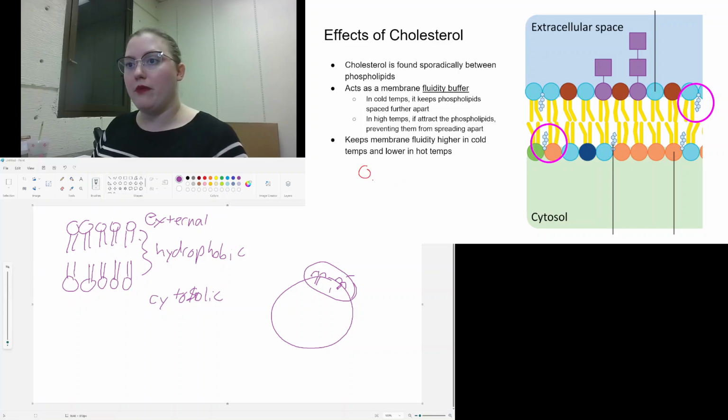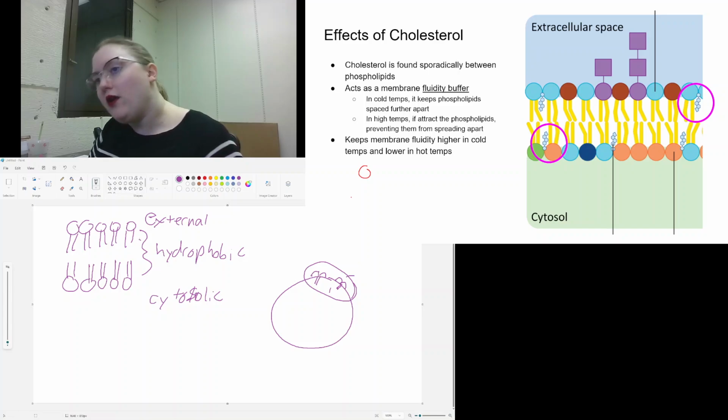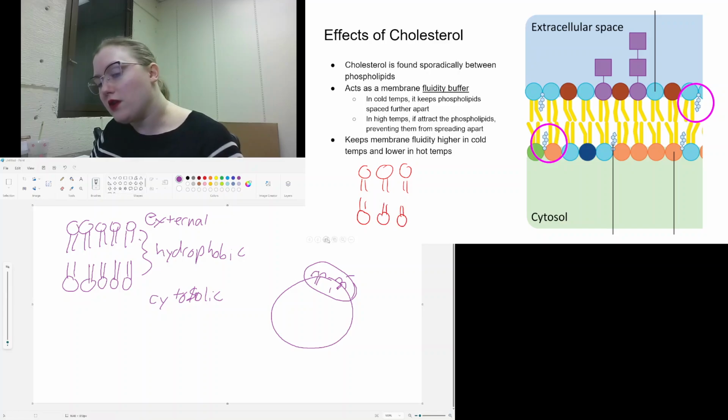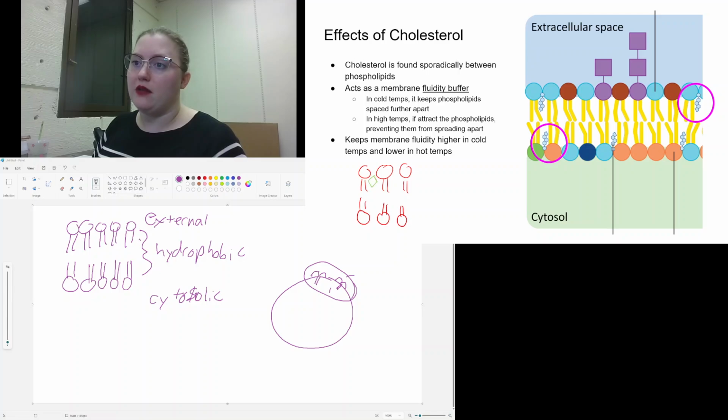So if we've got our membrane here, I'm going to draw our little phospholipids first, and we'll put our cholesterol in green. So our cholesterol, we're just going to make it like a little diamond. It's in between these phospholipids, right? So if the phospholipids are trying to cluster, get closer together, they're not going to be able to. That cholesterol is going to keep them from squishing too closely together.